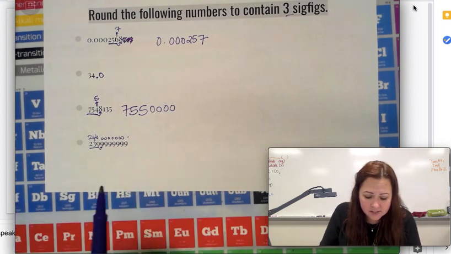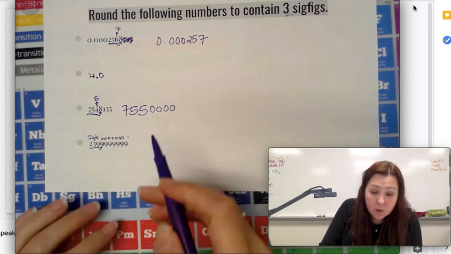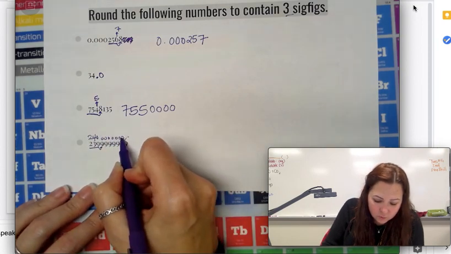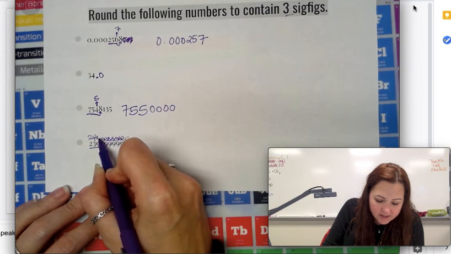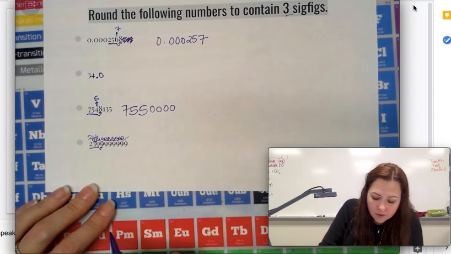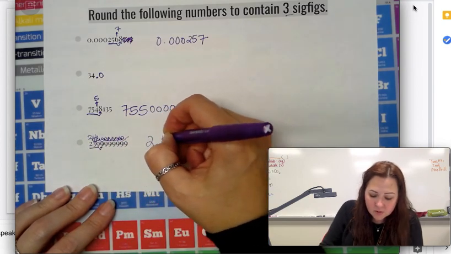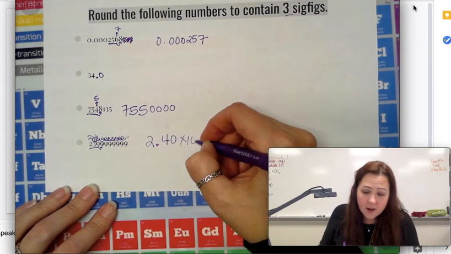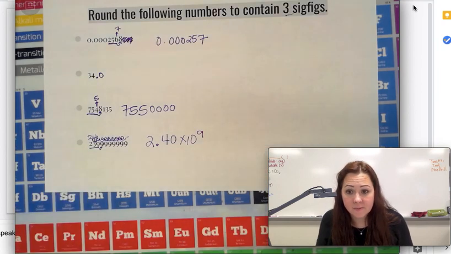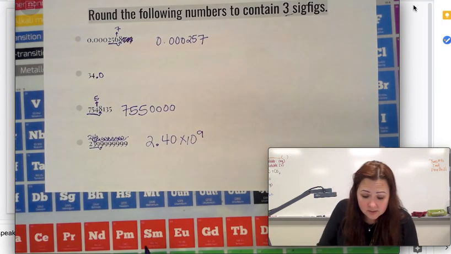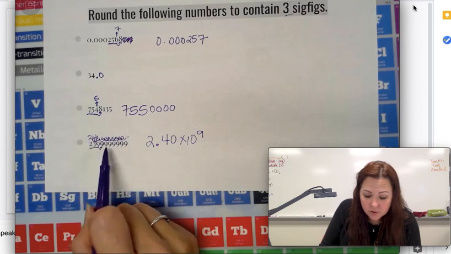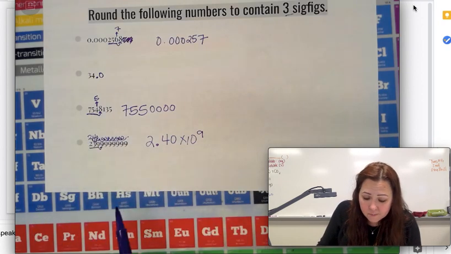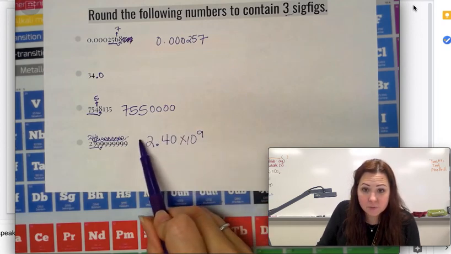You do your rounding like I did, then move your decimal place 1, 2, 3, 4, 5, 6, 7, 8, 9 times. 2.40 is 3 SigFigs, times 10 to the 9th power is still only 3 SigFigs. You couldn't do anything with this when rounding because you'd have either 2 or 10 SigFigs. So to get the right number of SigFigs here, you had to use scientific notation.